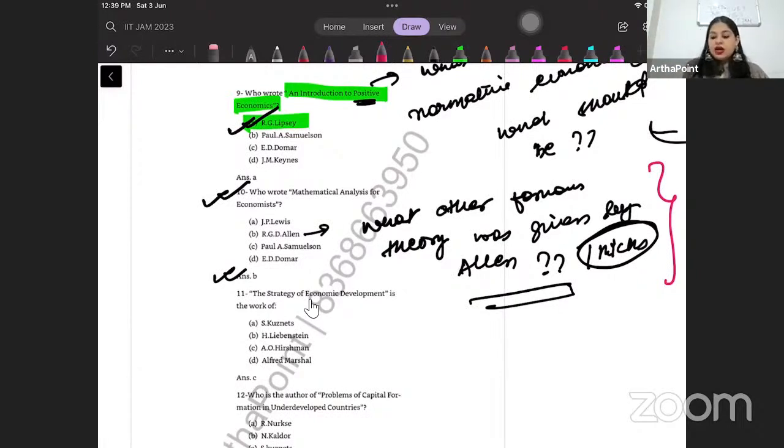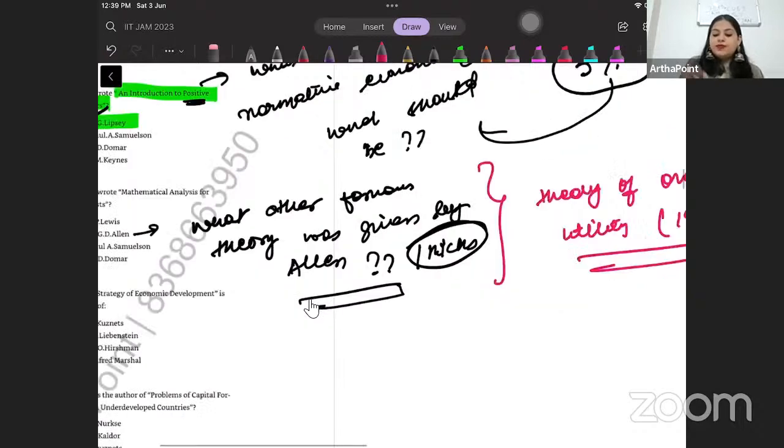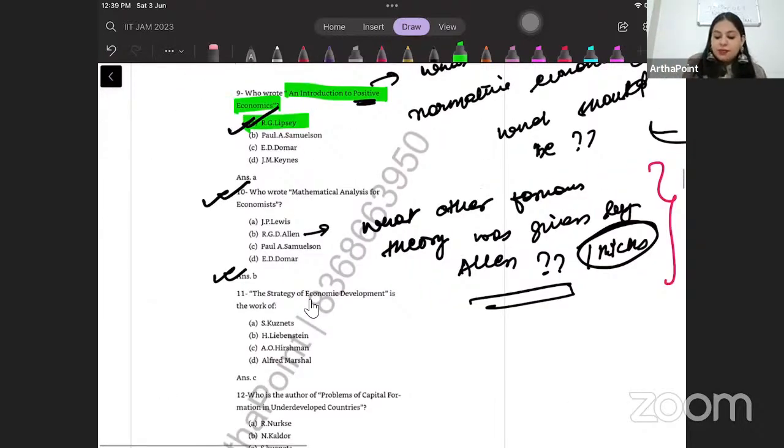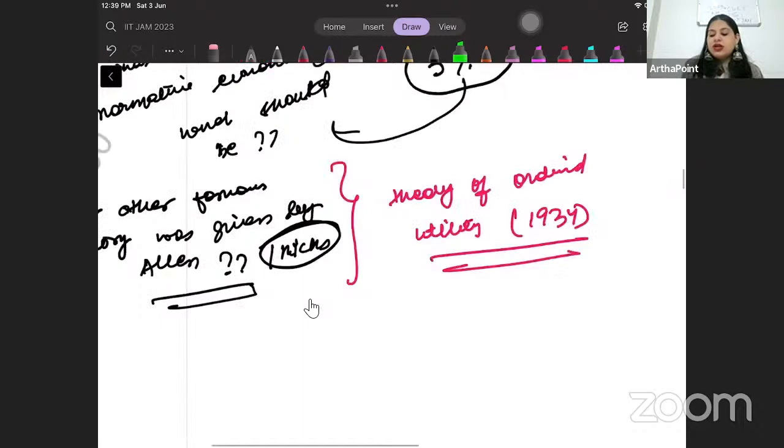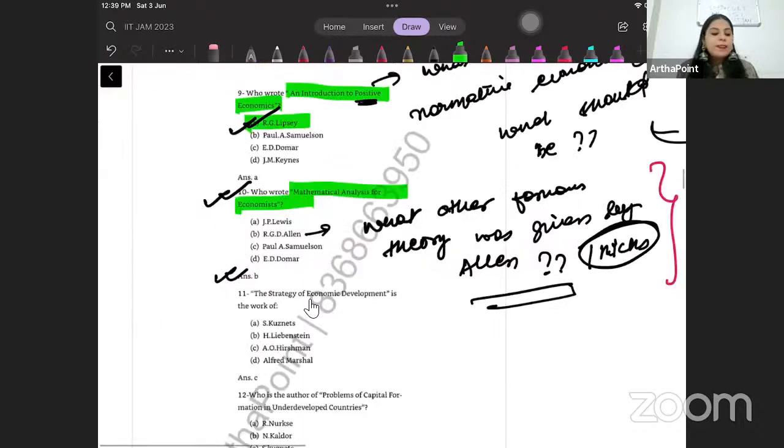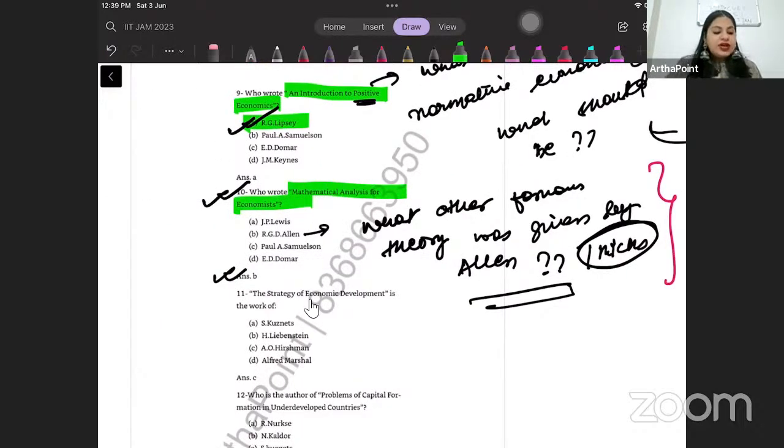So Allen, along with this mathematical analysis for economics, also gave the theory of ordinal utility. Okay. So yes, you're correct when you say ordinal utility or indifference curve.